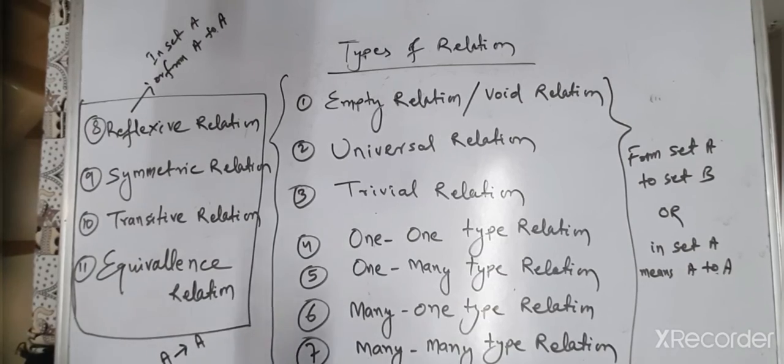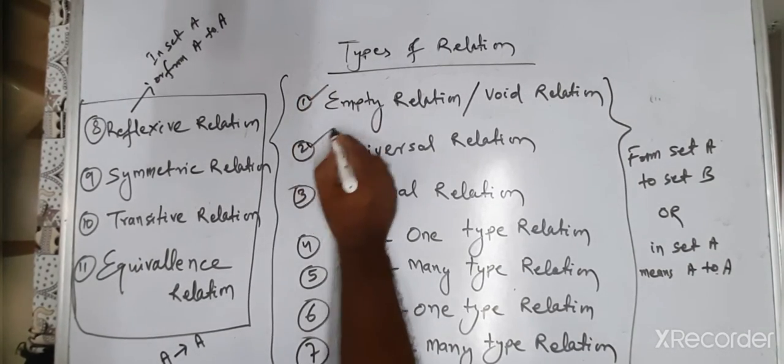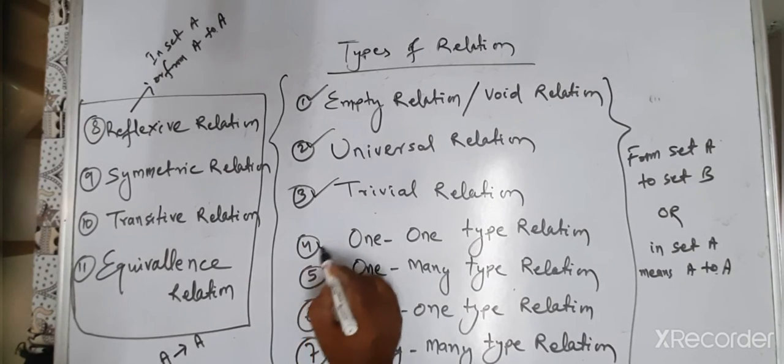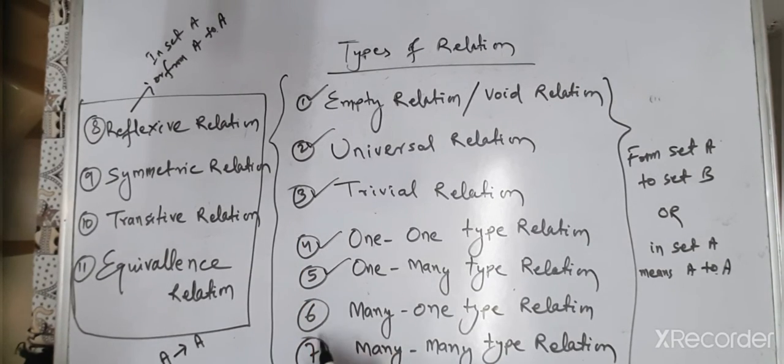Next, we discuss in detail one by one: empty relation, universal relation, trivial relation, one-one relation, one-many, many-one, many-many type relation.